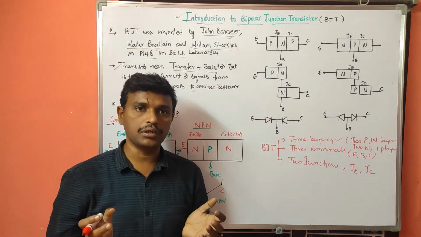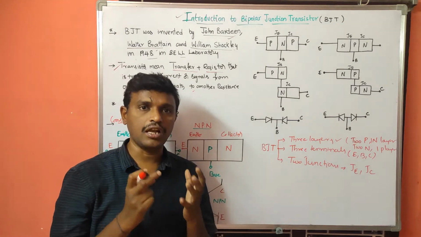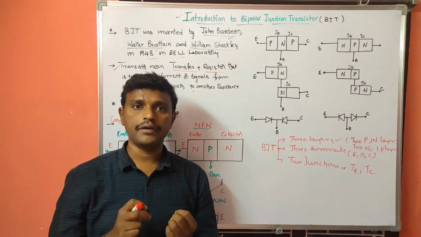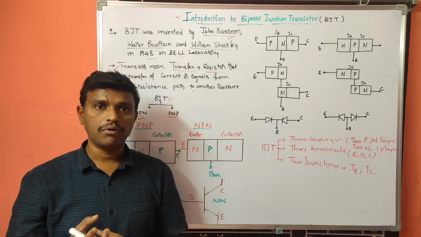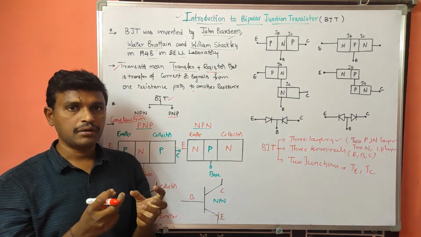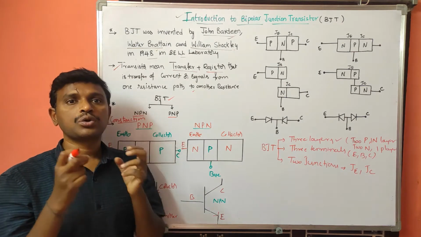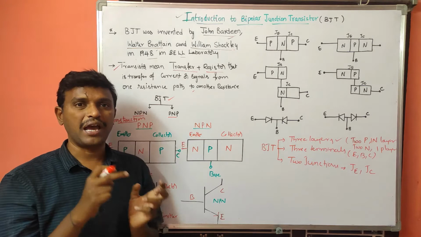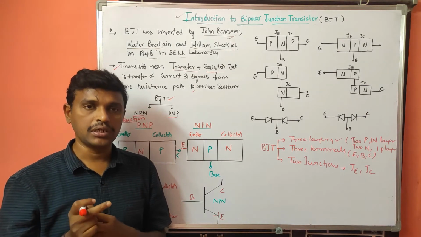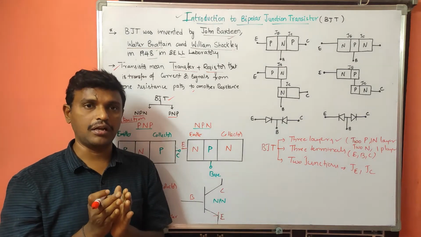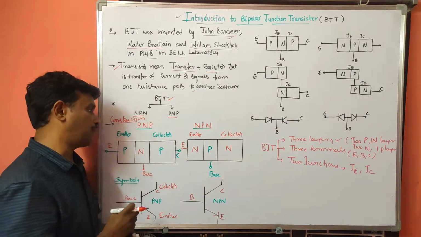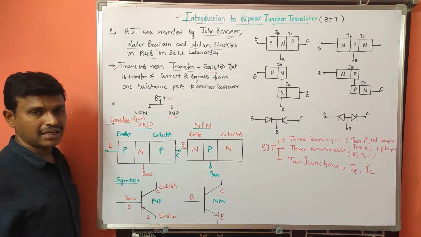If you consider a single crystal of germanium or silicon, and place a P-type material between two N-type materials, that will form an NPN transistor, or we can also form a PNP transistor by placing an N-type material between two P-type materials. Okay, so that is about the formation of PNP and NPN transistors.